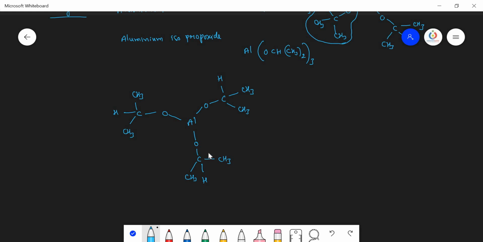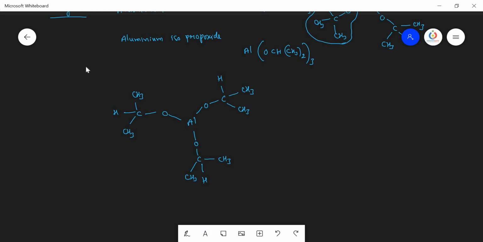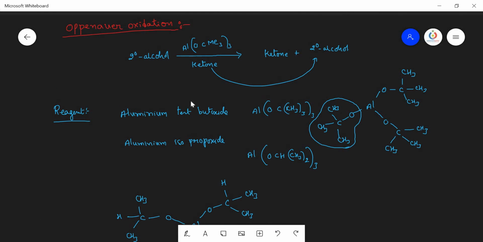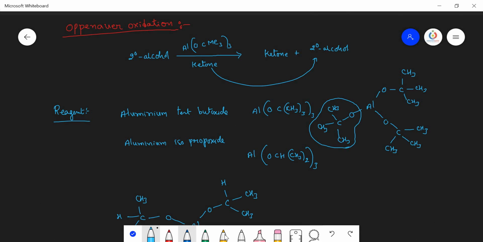Okay, so in this reagent we use the aluminum tertiary butoxide or aluminum isopropoxide, and commonly used ketones. Whatever the ketone here we are using, usually these ketones are either acetone or we use the cyclohexanone.